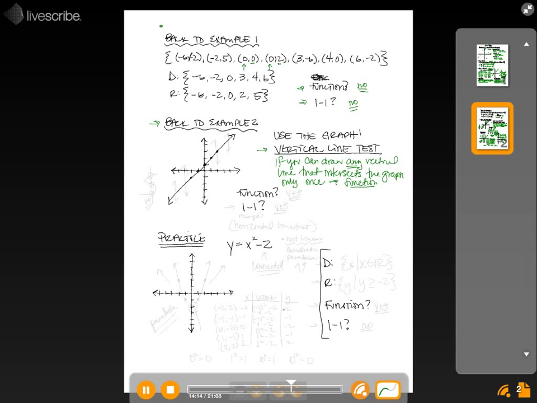Okay? Now, the reason I pointed out any is it has to work for whatever line you can come up with. It has to be a vertical line you draw, but it has to work in any place that you draw the line. So let's look at our graph.